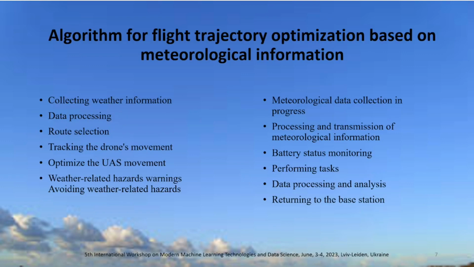The operation of the proposed algorithm is based on the next general steps: collecting weather information, data processing, route selection, tracking the drone movement, optimizing the UAS movement, weather-related hazard tracing, avoiding weather-related hazards, meteorological data collection, processing and transmission of meteorological information, battery status monitoring, performing tasks, data processing and analysis, returning to the base station.